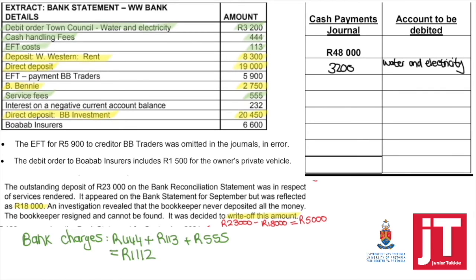Cash handling fees, EFT cost, service fees is all regarded as bank charges. So we have to add it together, and the total goes in my CPJ as bank charges. Then we have an EFT payment, BBB traders.